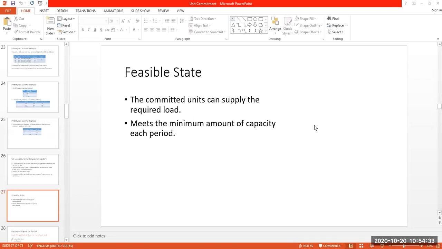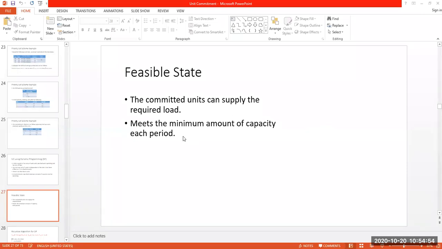That is not one of the feasible units, because that combination of 0, 0, 0 means all units are off. This combination can never satisfy the demand of 550 megawatt because none of the units are online. So the feasible states would be only those states which can satisfy the demand. Okay.